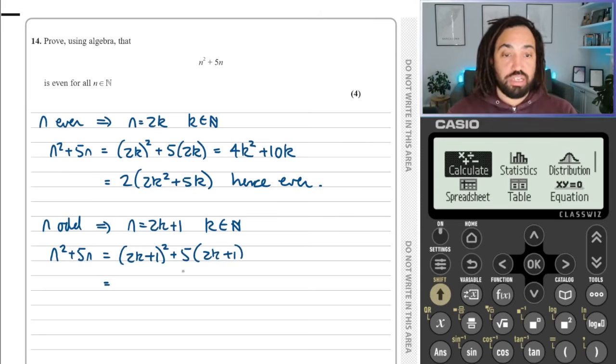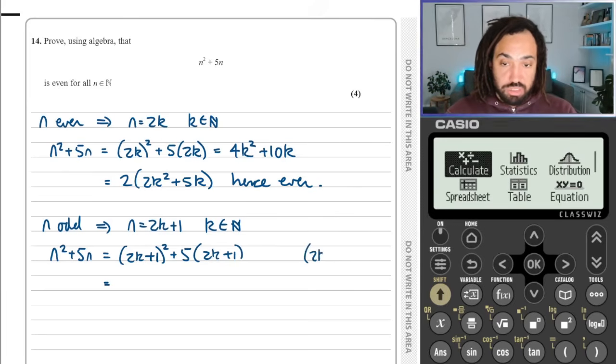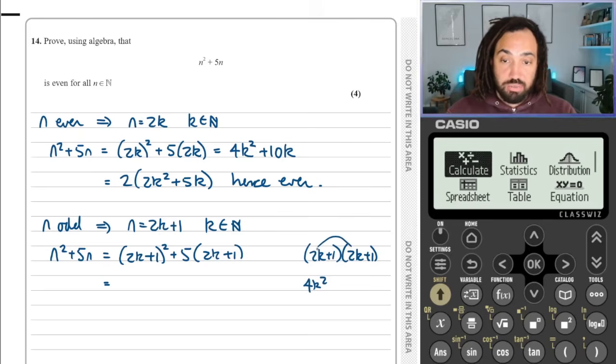Great. Now 2k plus 1 squared is not as obvious to expand, so I'll just do it on the side here. We'll get 4k squared, plus 2k, plus 2k, and finally plus 1.